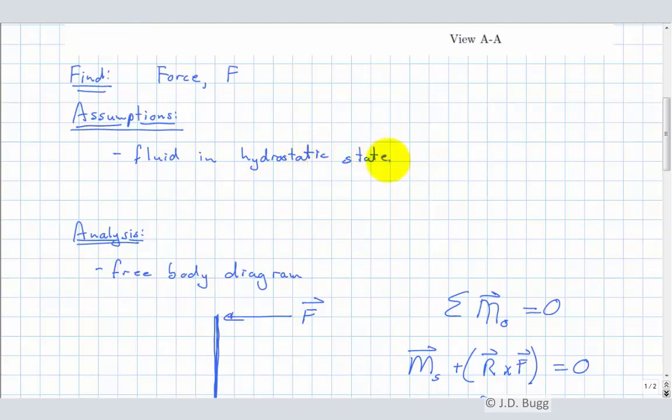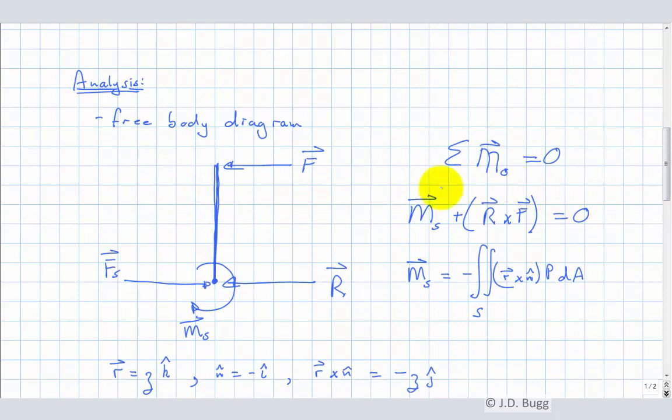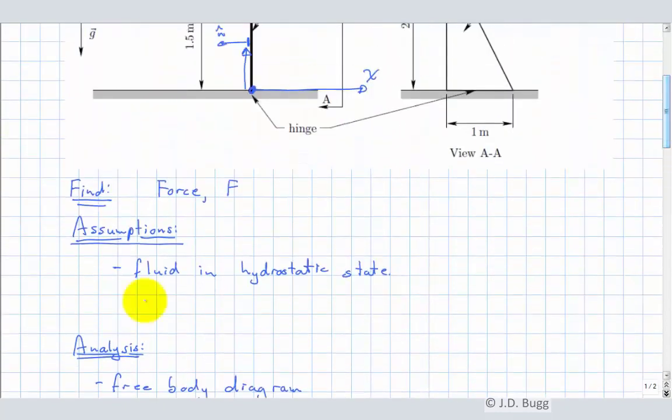So we can't use that equation unless we make that assumption. The other assumption we should have in our list here is an assumption we made right here. We said that all of the moments acting around this origin are the force and the fluid. Well, that assumes that this hinge is frictionless. So we should have that in here. So it is a frictionless hinge.